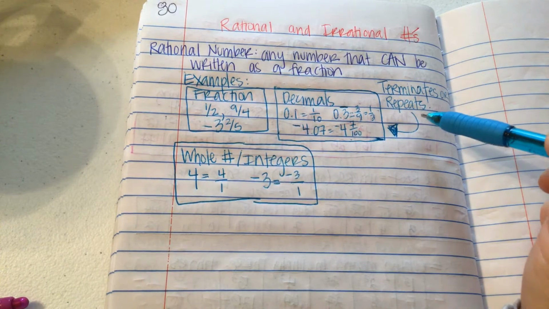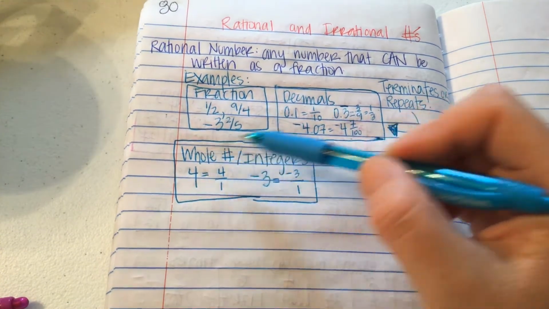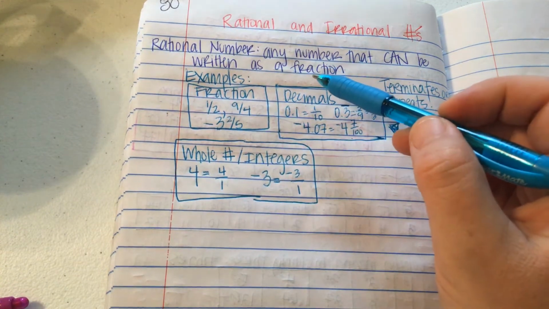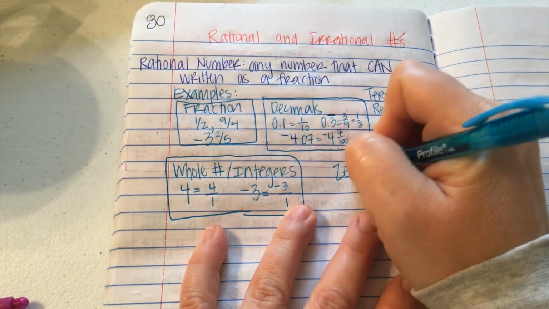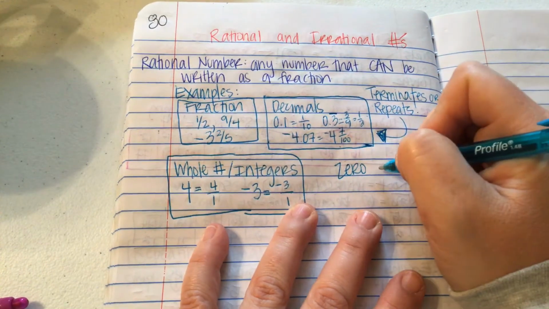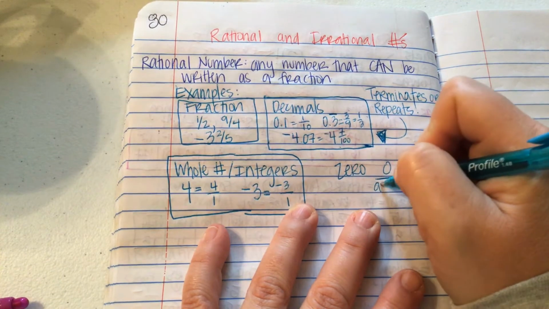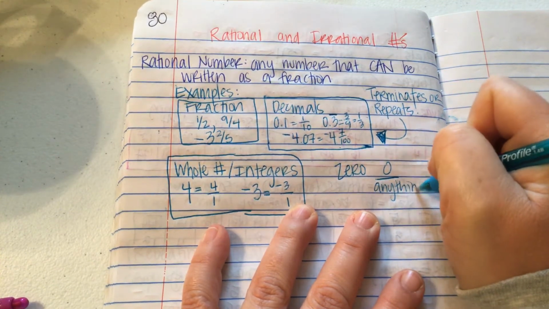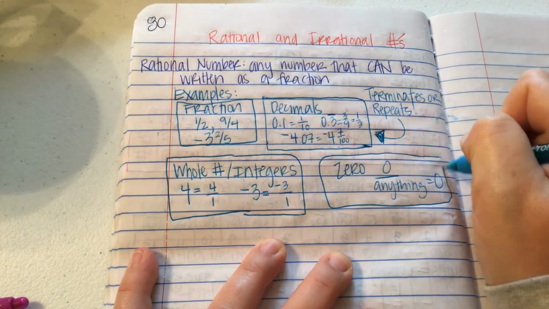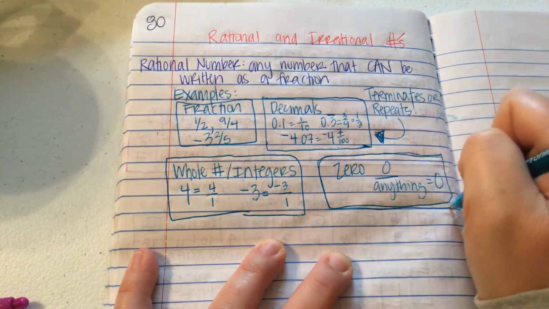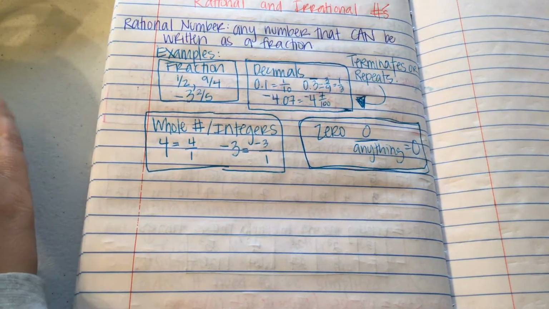Decimals, if terminating or repeating, can become a fraction. If it's a whole number or an integer, it becomes a fraction. 0 works because 0 over anything equals 0. So basically everything that we encounter is this idea of a rational number.